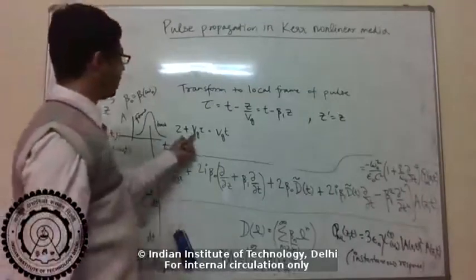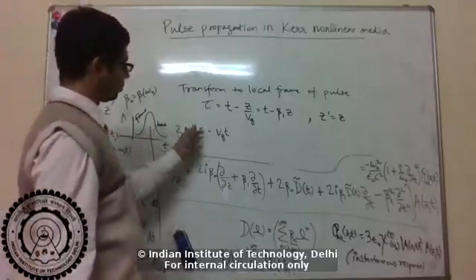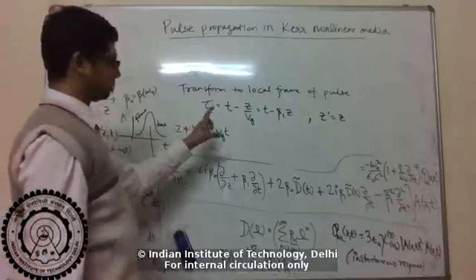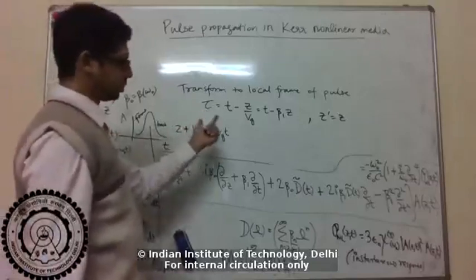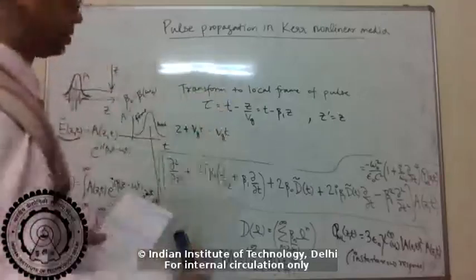I guess you could equally define that. It will just be flipping this tau, so the front and back of the pulse will be flipped.